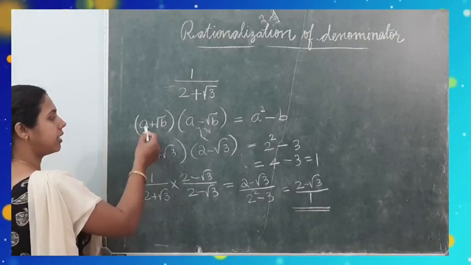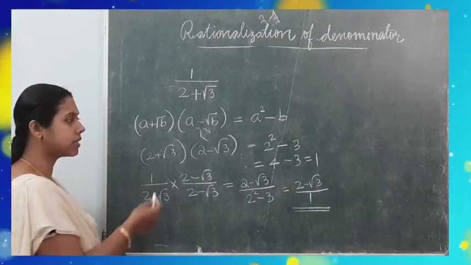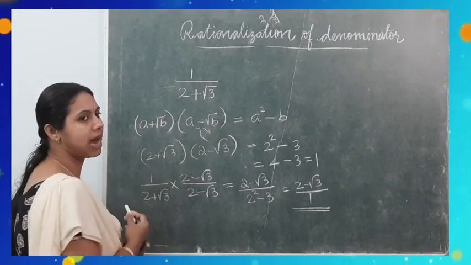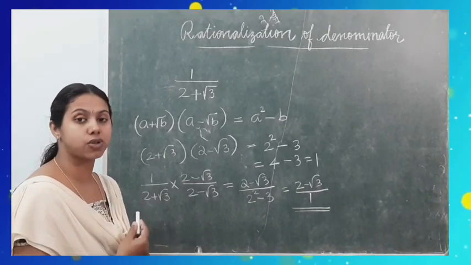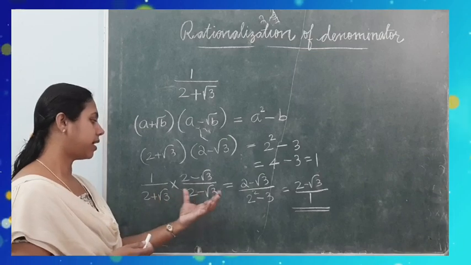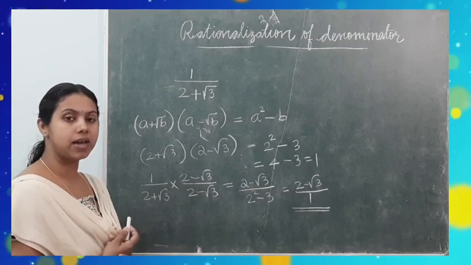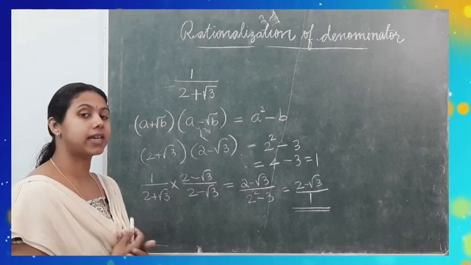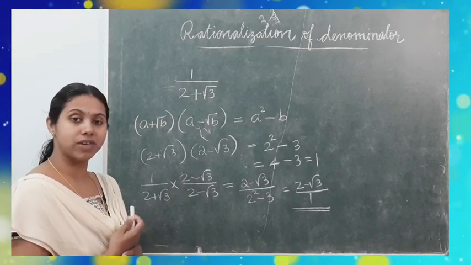Or we can say that if a and b are real numbers, then a plus root b and a minus root b are the rationalizing factors of each other. So 2 plus root 3 and 2 minus root 3 are the rationalizing factors of each other. Or we can say that they are conjugates of each other.